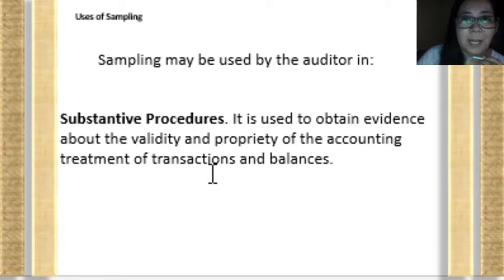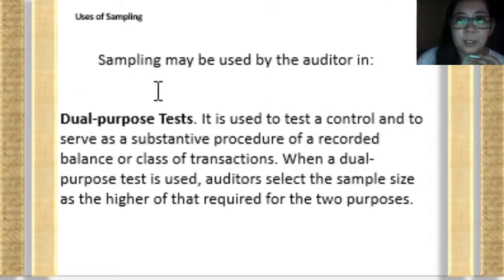Samples are taken and evaluated, and then the result will be used to infer to the population, because again, as mentioned earlier, samples are normally representative of the population only if the selection of samples is determined appropriately by the auditor.